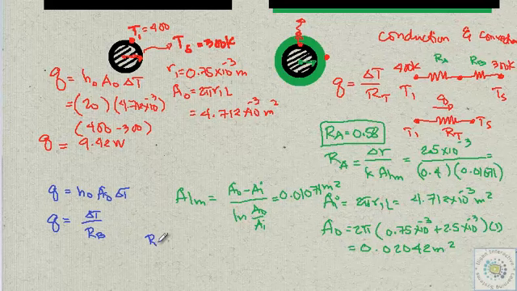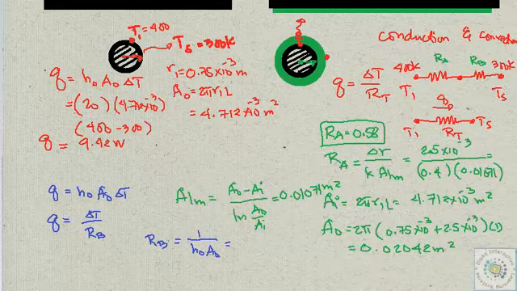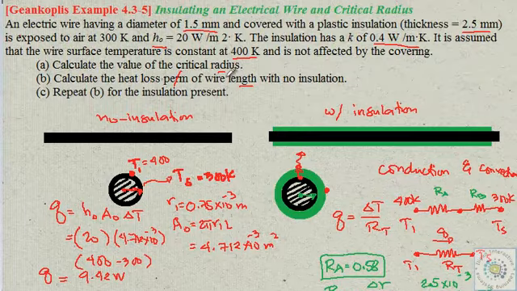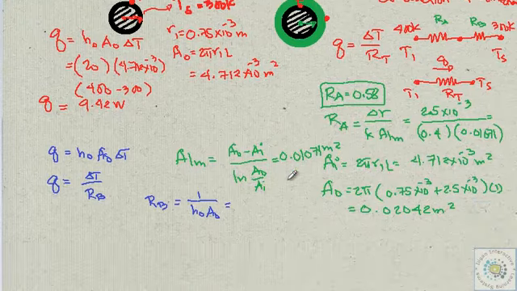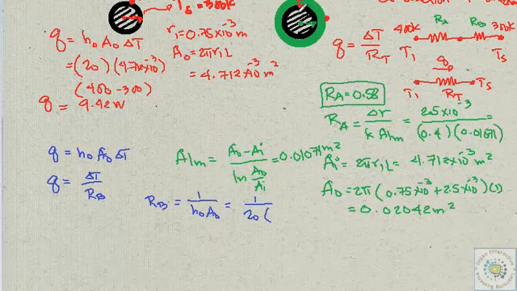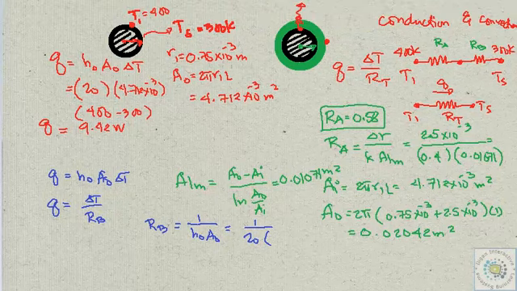So essentially, 1 over RB is just h_o A_o. We know h_o: we are given that the convective heat transfer coefficient is 20. So that's 1 over 20, and we know A_o, the outer area.